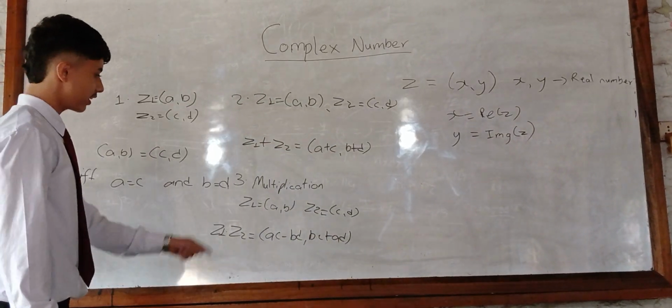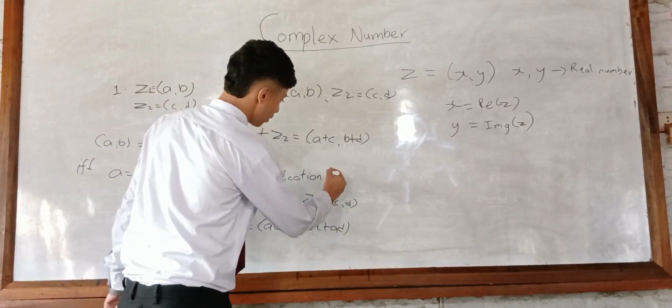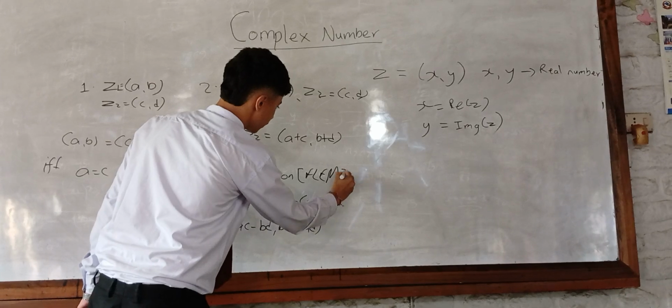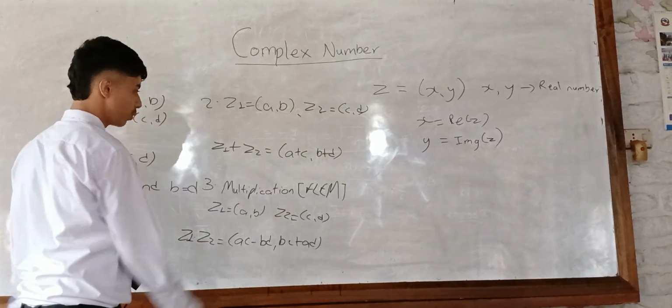This is the multiplication, and it is important. We can also use the FOIL rule. It will be easier for us to multiply using the FOIL rule.